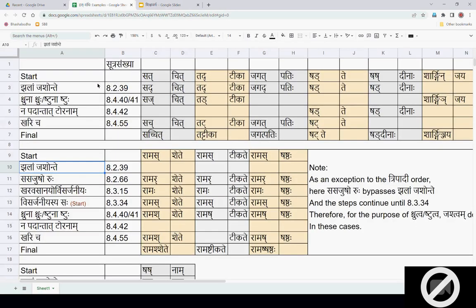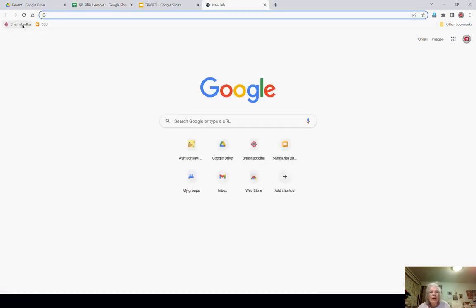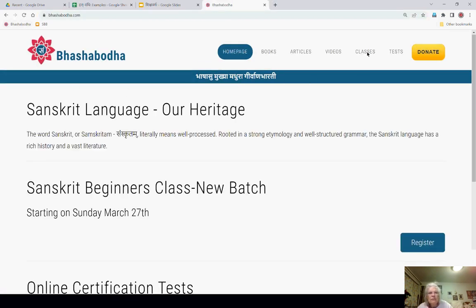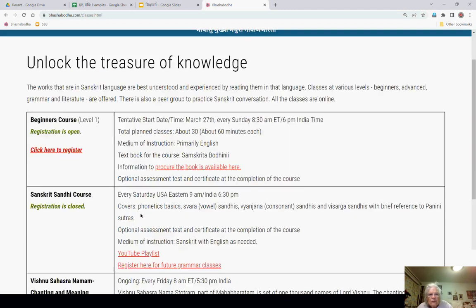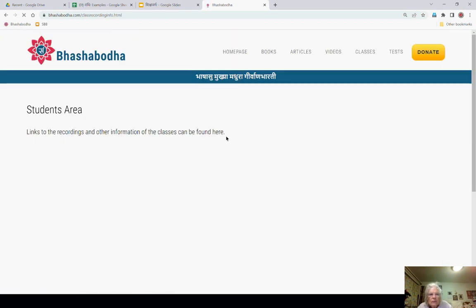And also, I was trying to find out how you found the slides for this class, because when I pushed slides, I only got them for L1, and I didn't get them for here. So I was curious how to get to the slides. For these slides? Yeah. These slides should be here, right? Classes, student area.